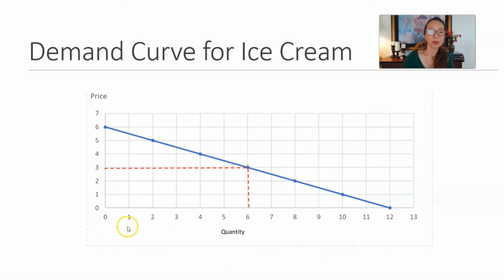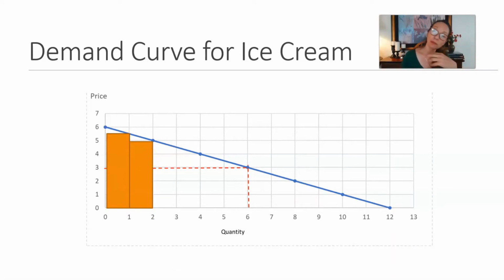How do we value one ice cream cone? Well, one ice cream cone is valued at $5.50. That means that there is somebody, or a group of people out there, who are willing to pay $5.50 for that first ice cream cone, because that is the benefit that they get from it. Now, second ice cream cone, not willing to pay quite so much, $5.